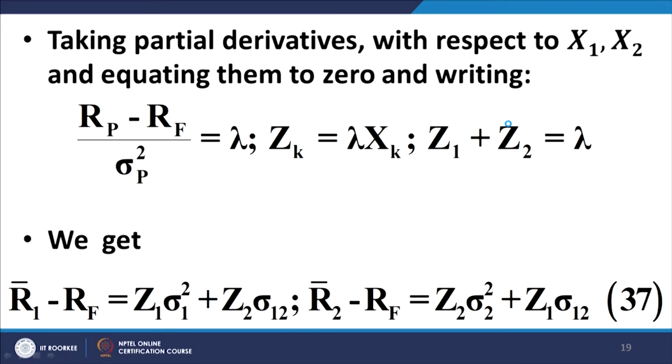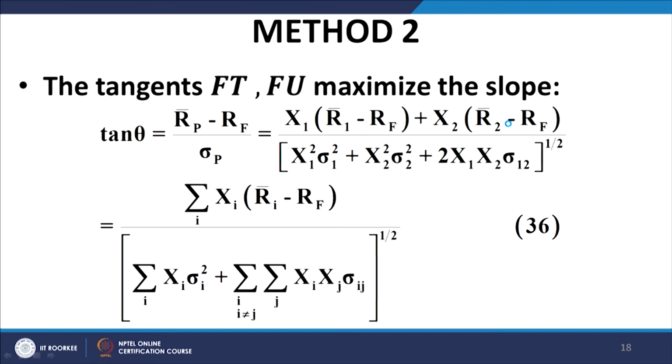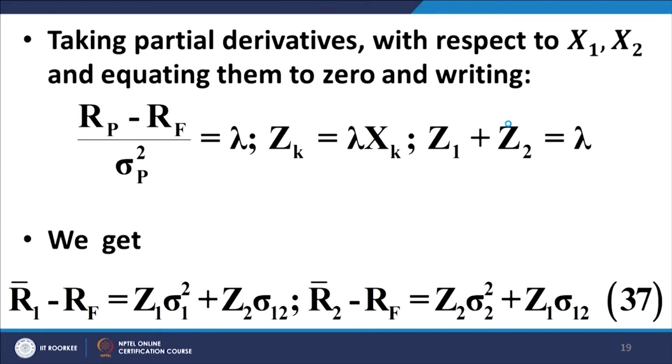Now, if you take partial derivatives of equation 36 with respect to x 1 and x 2, and put in some abbreviations, r p minus r f upon sigma square is equal to lambda, z k is equal to lambda x k, z 1 plus z 2 is equal to lambda.